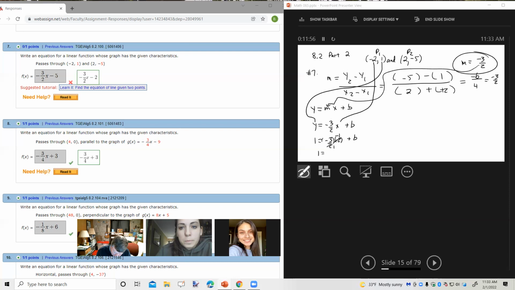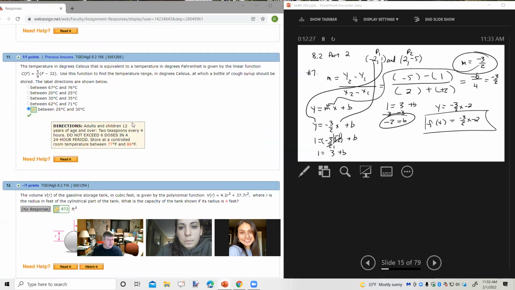So 1 equals what? -3 times -1 is 3 plus b. Then if we subtract 3 from both sides, we get b is -2. So y equals -3/2 x minus 2, or f of x equals -3/2 x minus 2. And there is our first answer. Again, any questions about that?